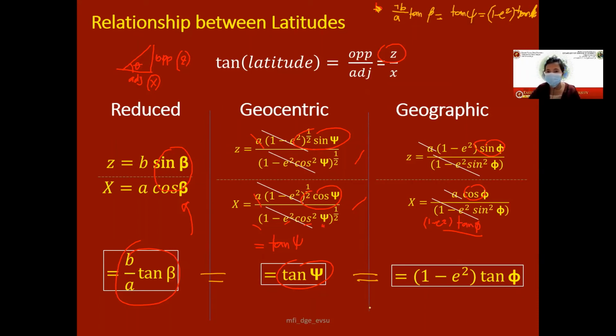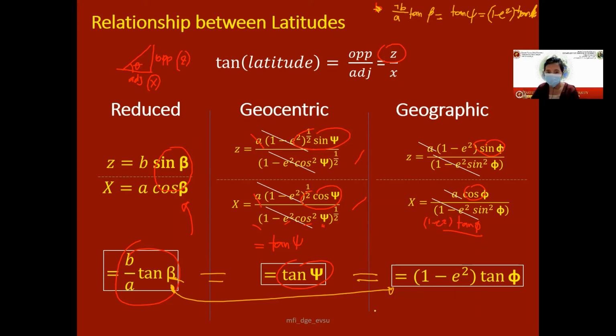This is similar since we only have one point, which is P. But we have different positions or projections at the center or at the other portion of the region. Therefore, there are a lot of latitudes. If the given latitude is the reduced latitude, but you are required to compute the geographic latitude, then you first transform this reduced latitude into a geographic latitude.